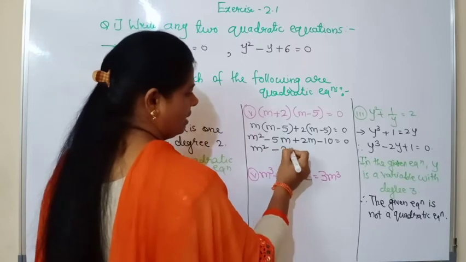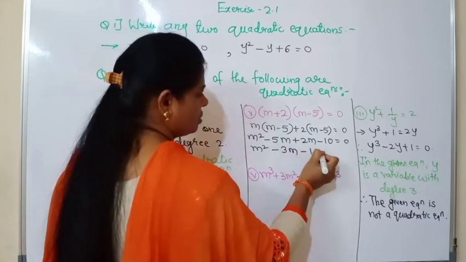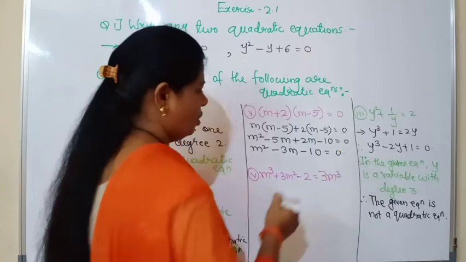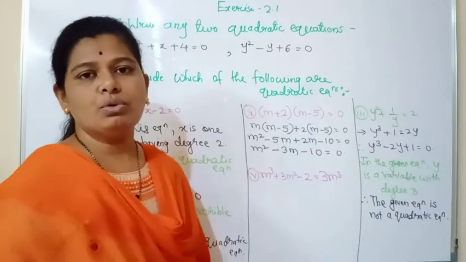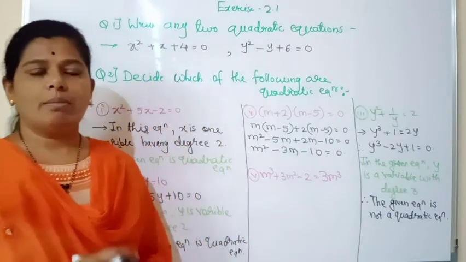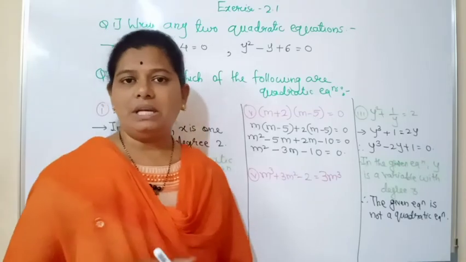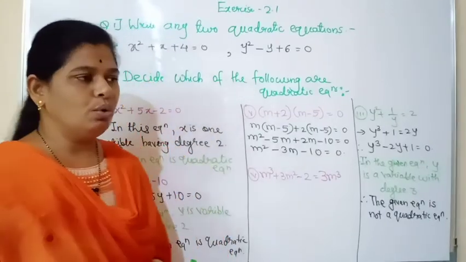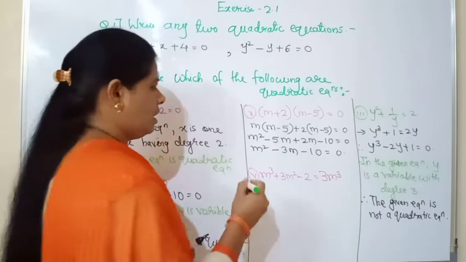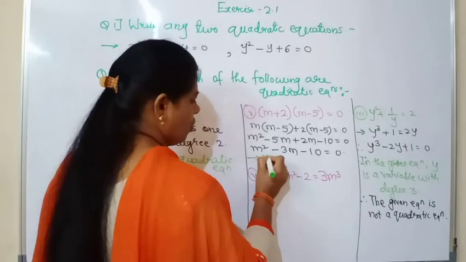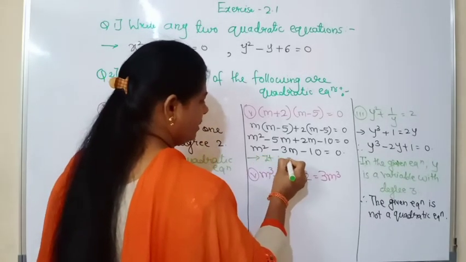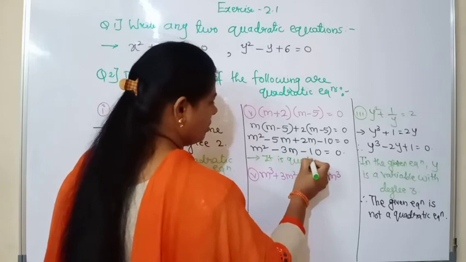What is it? It is minus 3m minus 10 equal to 0. So in this equation what we are able to see? In this equation we are able to see that the variable is m with degree 2, and therefore this equation is a quadratic equation.